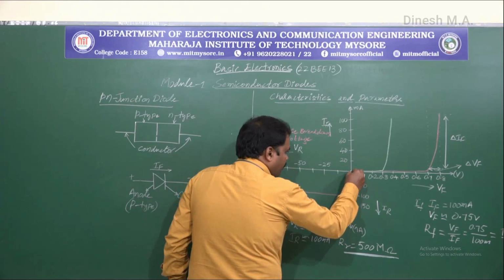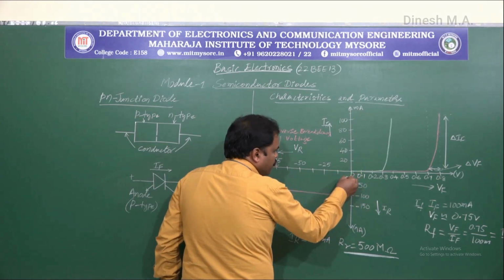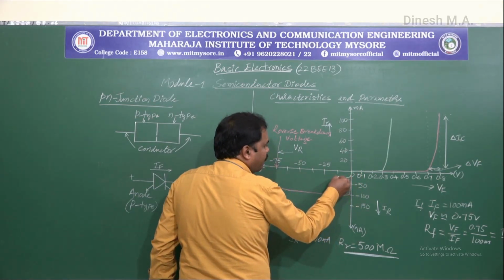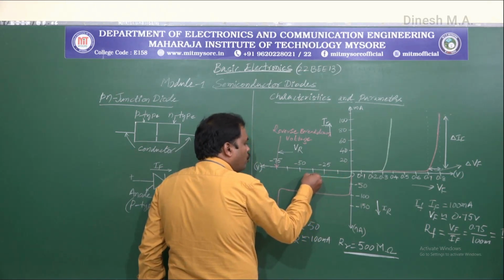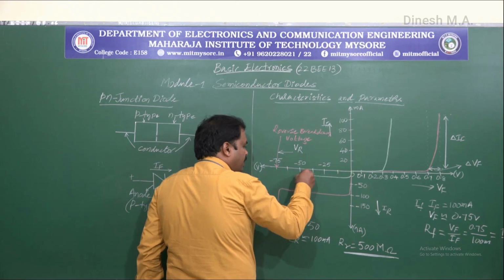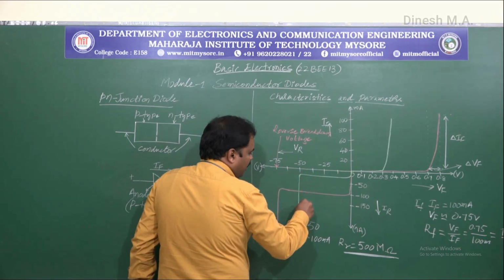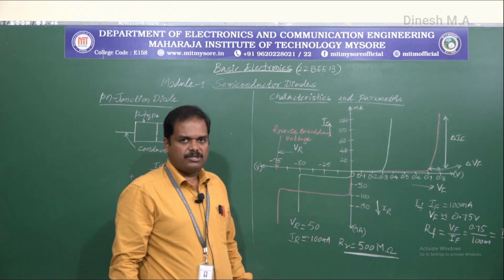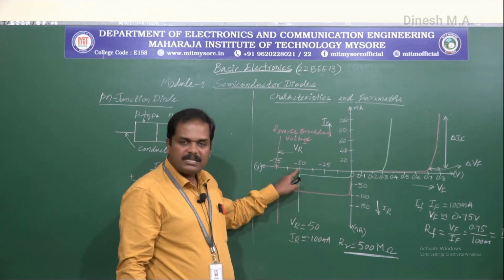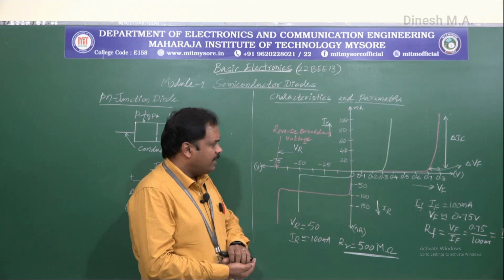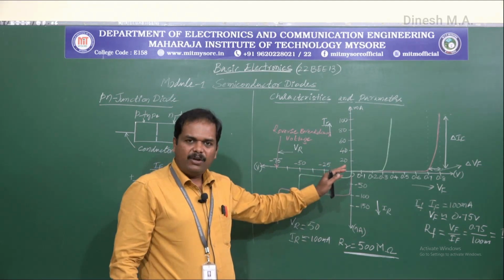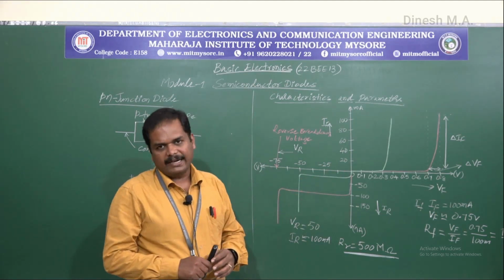So this would be the ideal current flow, but the reverse breakdown voltage would be typically around 50 volts. So the breakdown occurs at 50 volts in the germanium diode. So otherwise, the characteristics of silicon and germanium look identical.